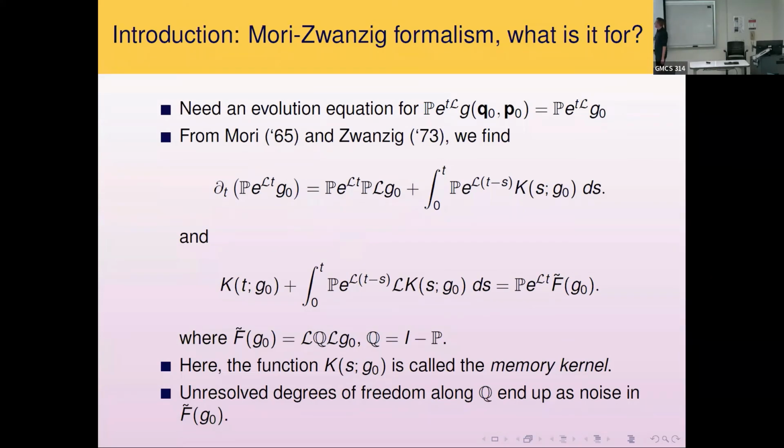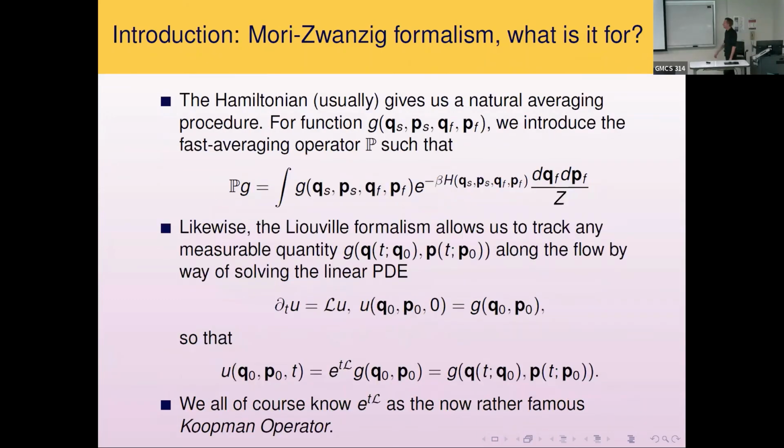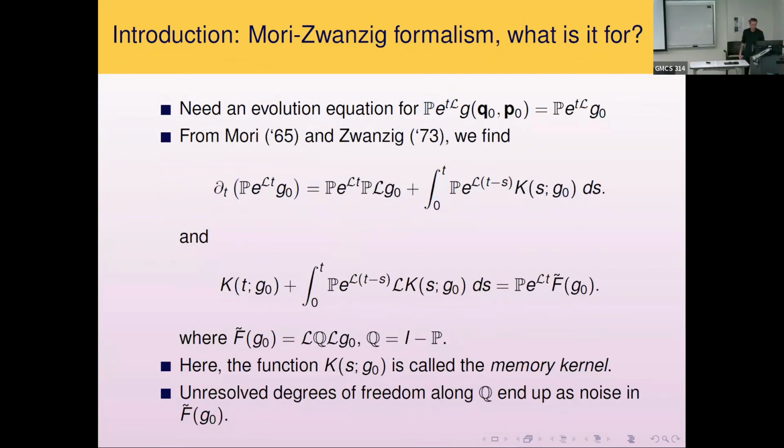Where the memory, if you will, is carried by this kernel operator K. So what you're basically doing is taking this simple linear Liouville equation with its simple generator solution, taking your desire for a projection operator, and again, it's all linear at this level. And then you just cut, paste, shuffle, and move until you get something that's internally consistent.